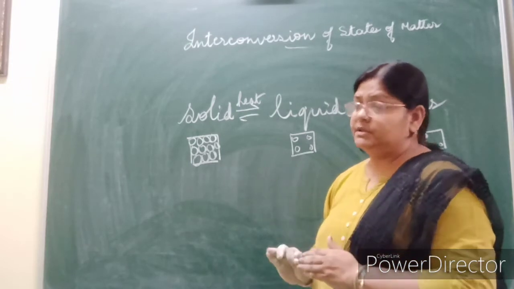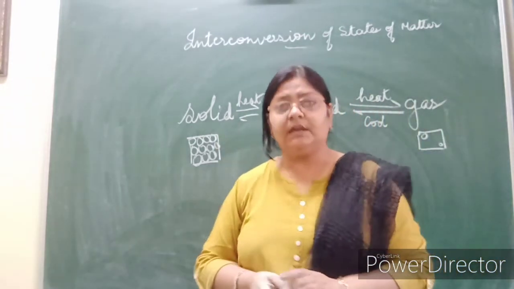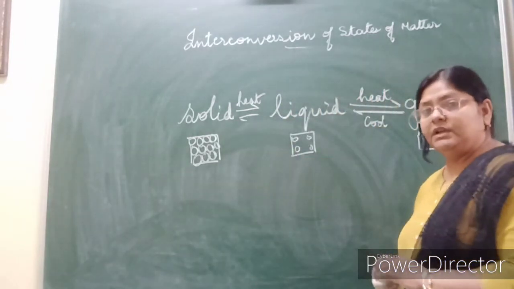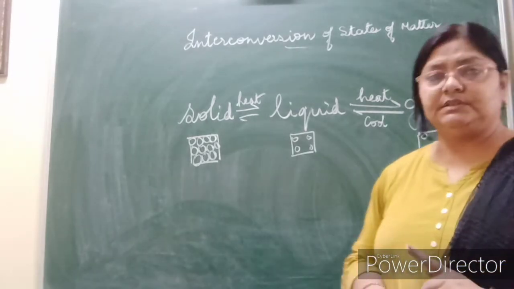Kinetic energy reduces. When the liquid is further cooled, the molecules come even closer, the force of attraction increases, kinetic energy reduces, and it is converted into solid. So this is how solid can be converted into liquid and liquid into gas, but chemically the substance remains the same.